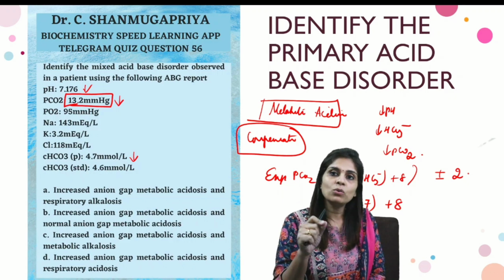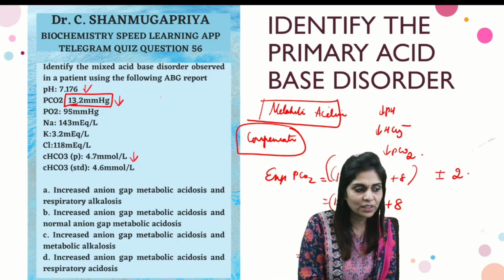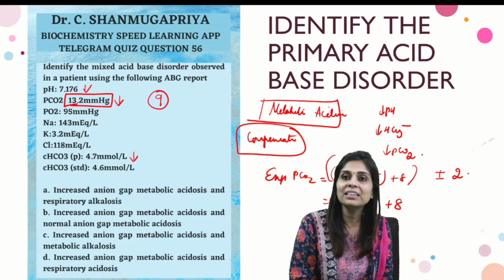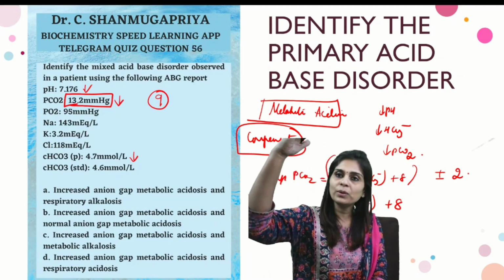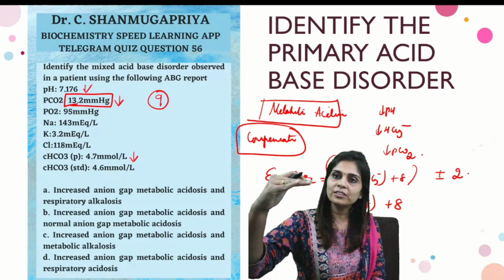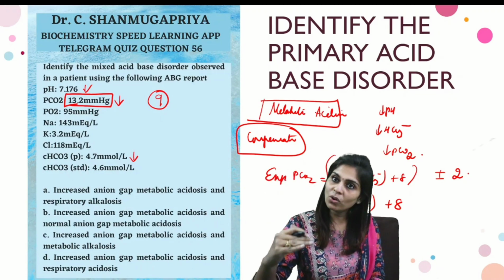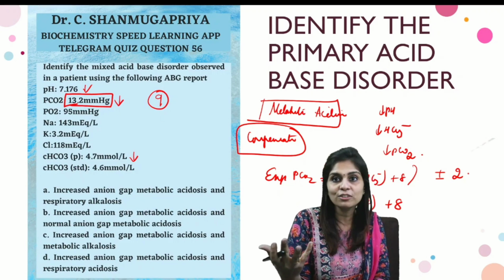Now, what would you call this condition if the PCO2 in this person had been, say, 9 instead of 13.2? Expected compensation is only till 13. It should have dropped from 40 till 13. But in this condition, you see that the PCO2 has dropped beyond what is expected. Can you call it overcompensated metabolic acidosis?